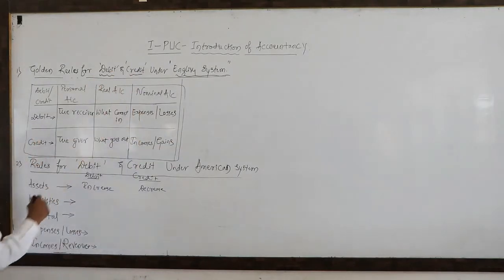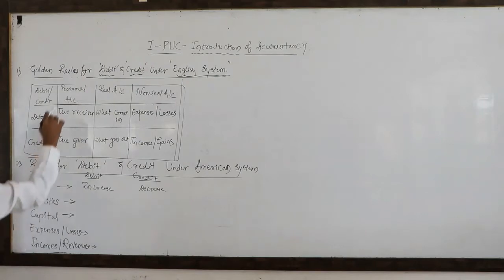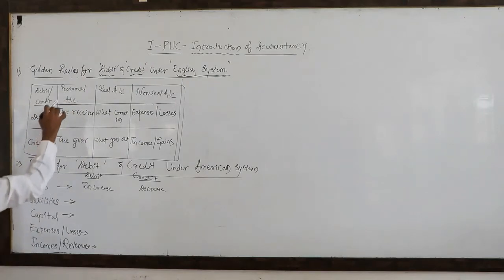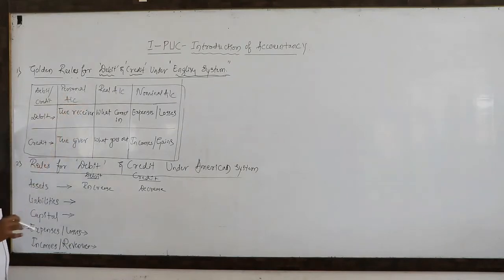Under the English system, a very important rule is for personal accounts. Under personal accounts we see persons and groups of persons: physical persons, legal persons, and representative persons, as we discussed in previous videos.